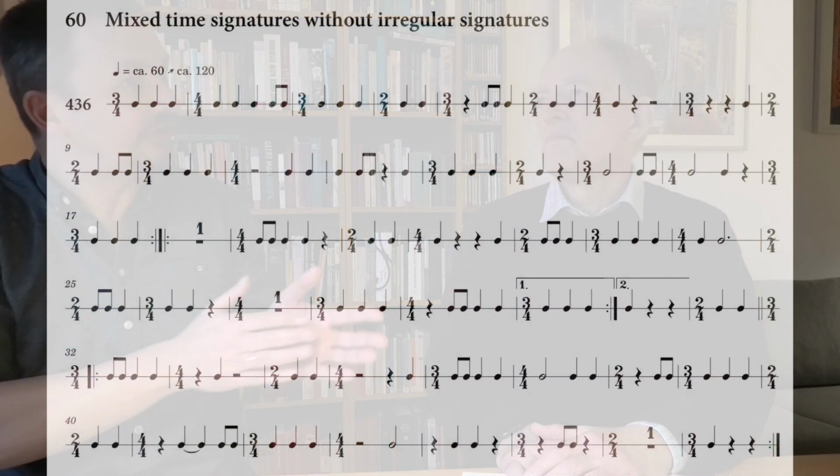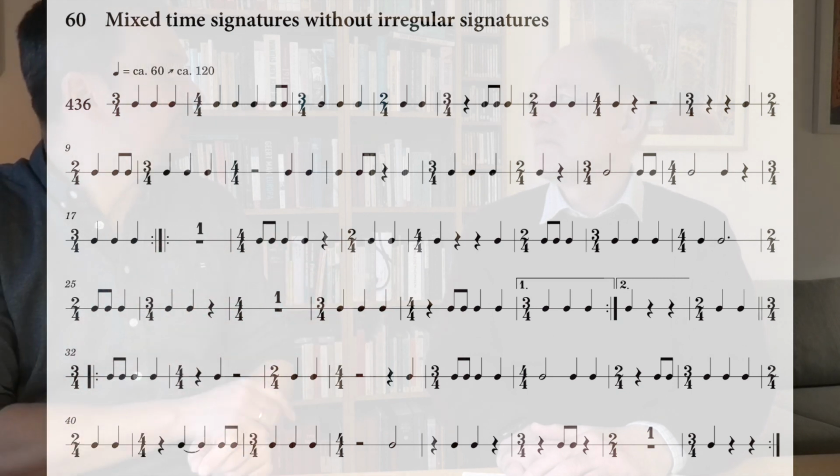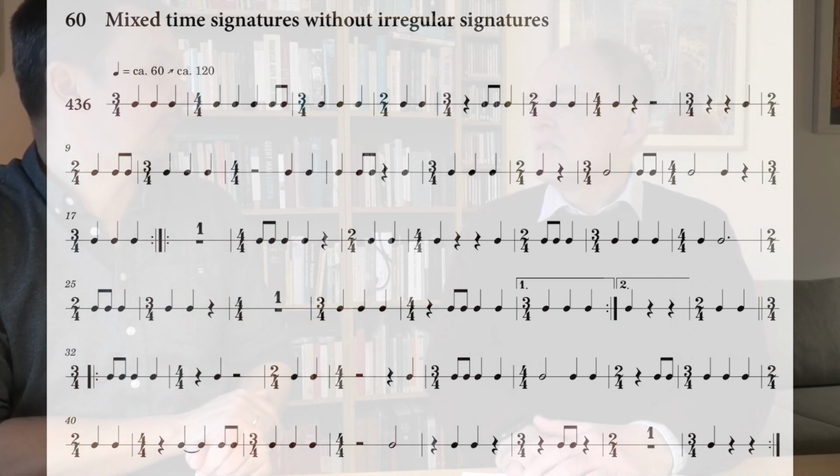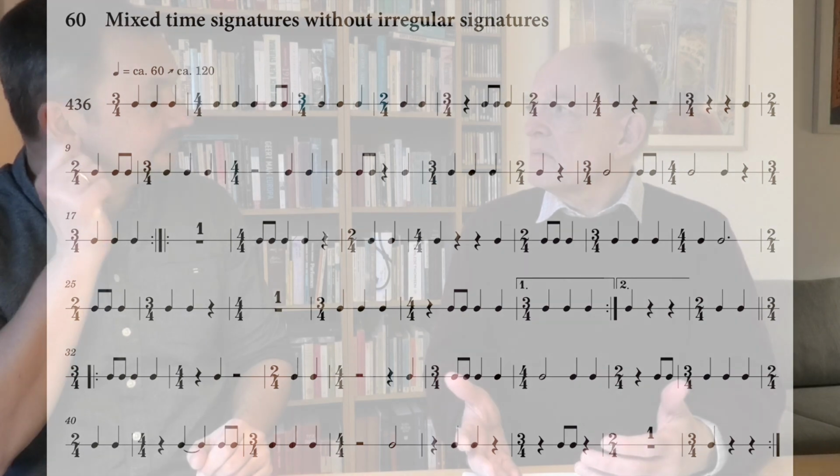And after the 2-part combination exercises, we have from 436 a little section with conducting exercises. So with very simple rhythm, where you can practice conducting patterns as we just noticed before.